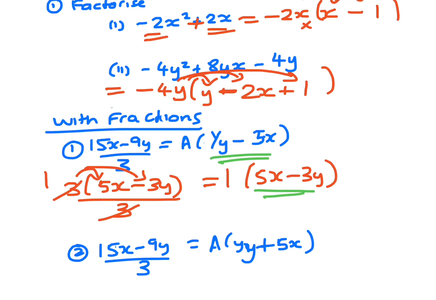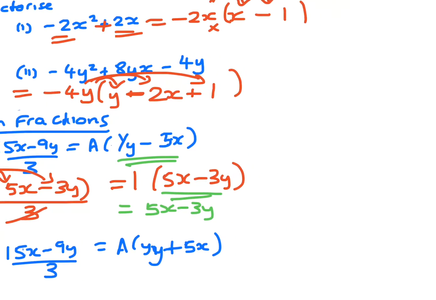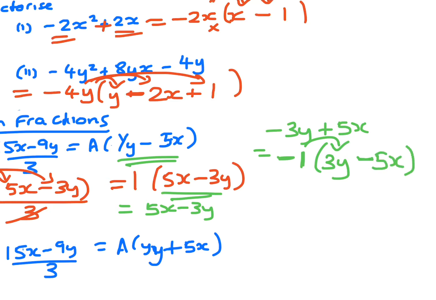Okay, so what you're going to have to do is make that 5x minus 3y, and then what you need to do now, so that you can get the y's first and not the x's, is make it minus 3y plus 5x. And then you go, all right, what's minus 3 and 5? It's nothing. But you could take out a minus 1. So minus 1 times what will give you minus 3y? Minus 1 times 3y. Minus 1 times what will give you plus 5x?